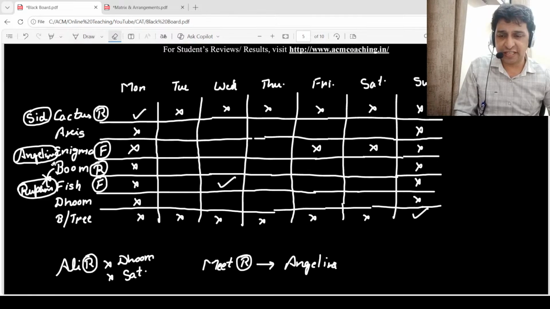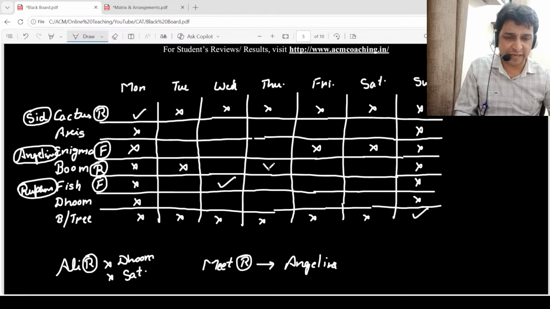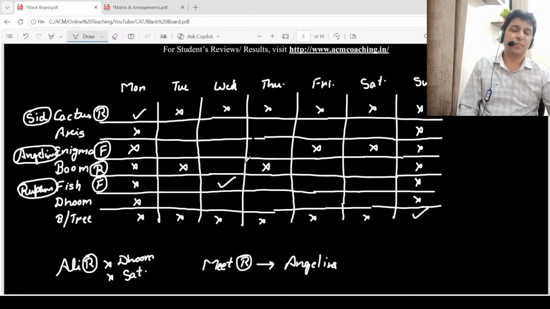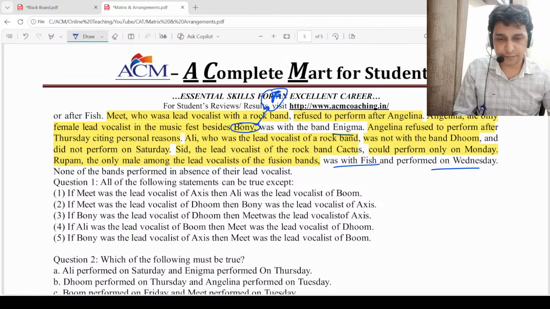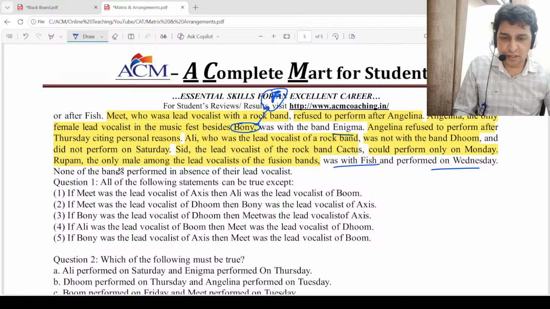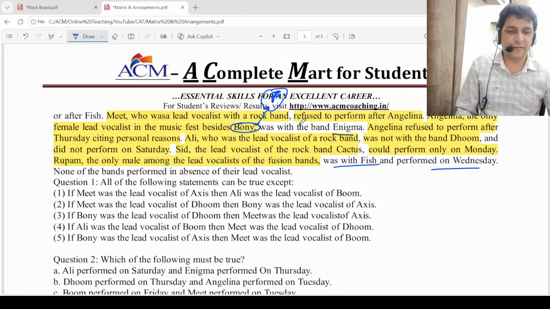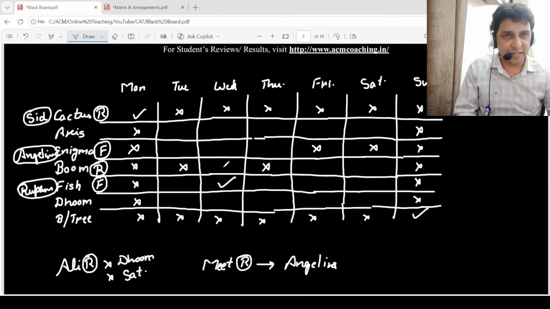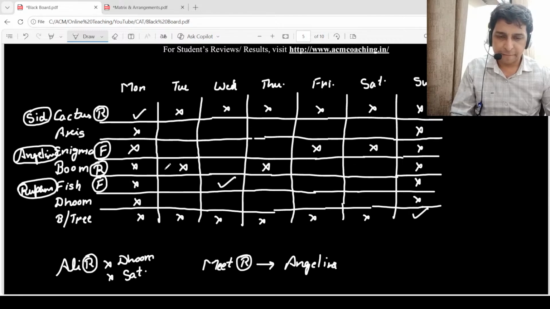And we mentioned that Boom cannot be near Fish. So if Fish is on Wednesday, Boom cannot be on Tuesday, and cannot be on Thursday also. That is quite clear now. None of the bands performed in the absence of their lead vocalist, so all the information has been used. Now let's go ahead and complete this puzzle.